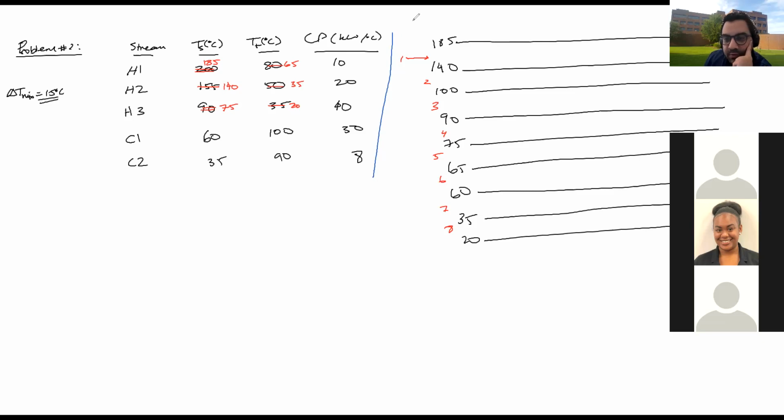Then I'm going to plot my streams. I have H1 going from 185 all the way down to 65. I have H2 going from 140 all the way to 35.